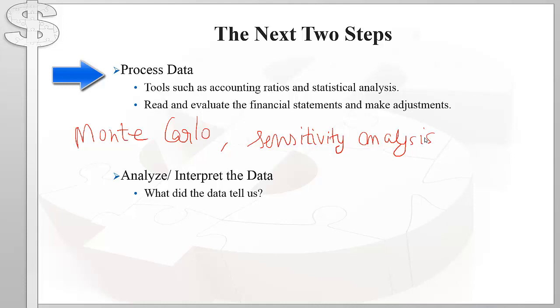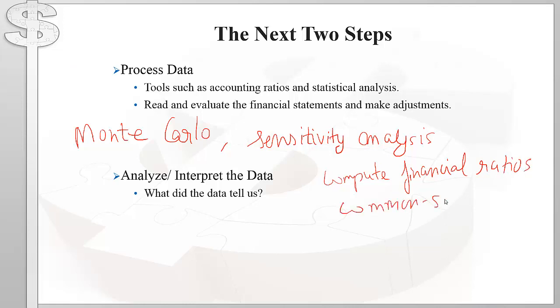In this step, we also read the financial statements, make any adjustments if necessary, compute financial ratios, and prepare common size financial statements. Common size financial statements are expressed as a percentage instead of giving dollar amounts.